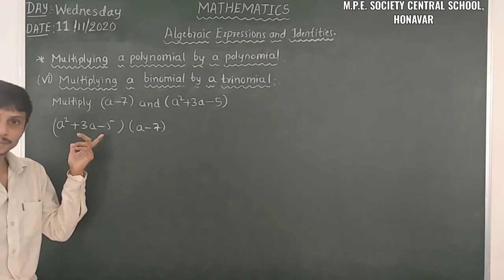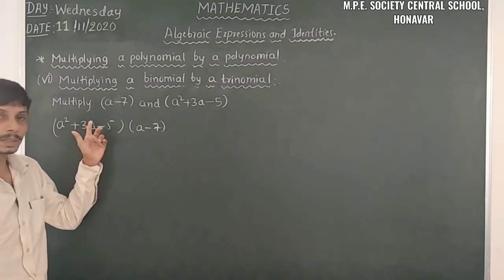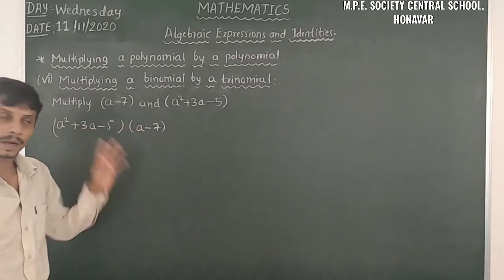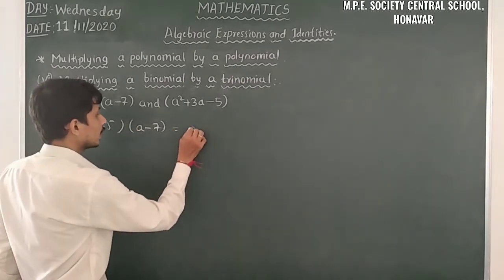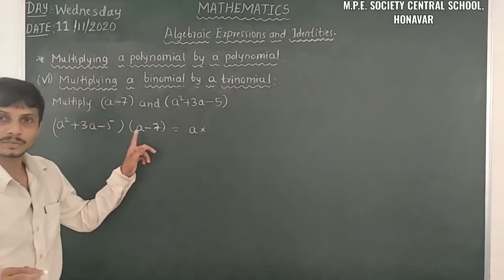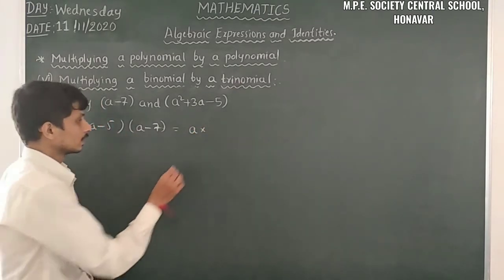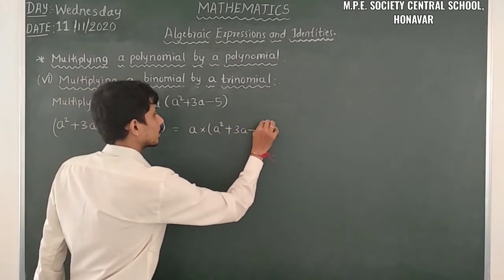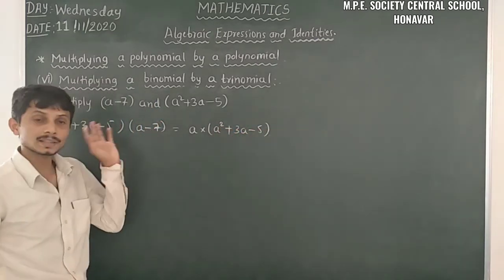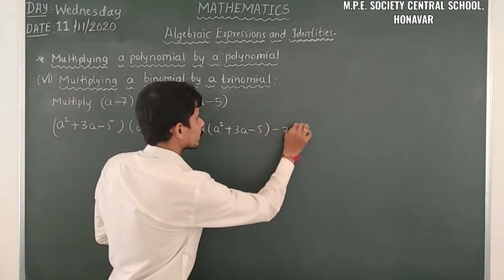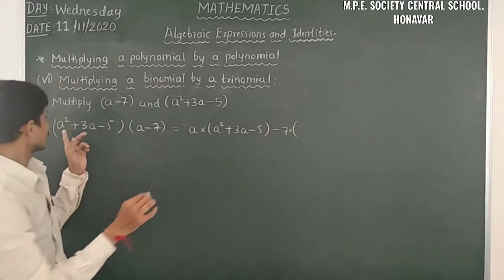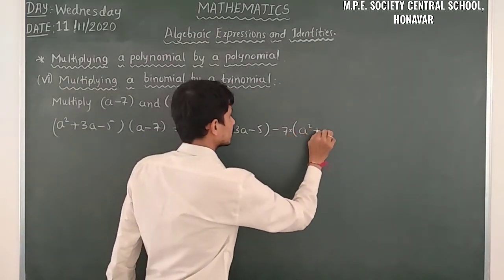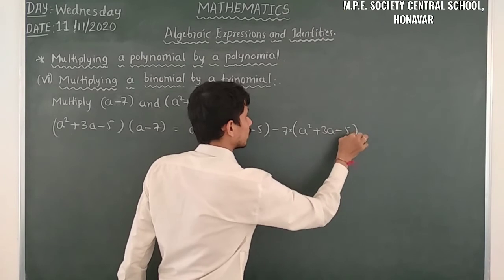The trinomial is a monomial, so multiply it with each term of the binomial: a into a square plus 3a minus 5, and then minus 7 into the same thing, a square plus 3a minus 5.